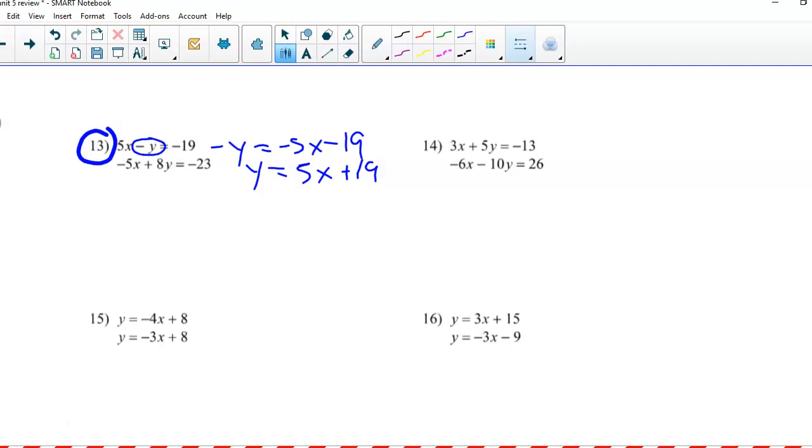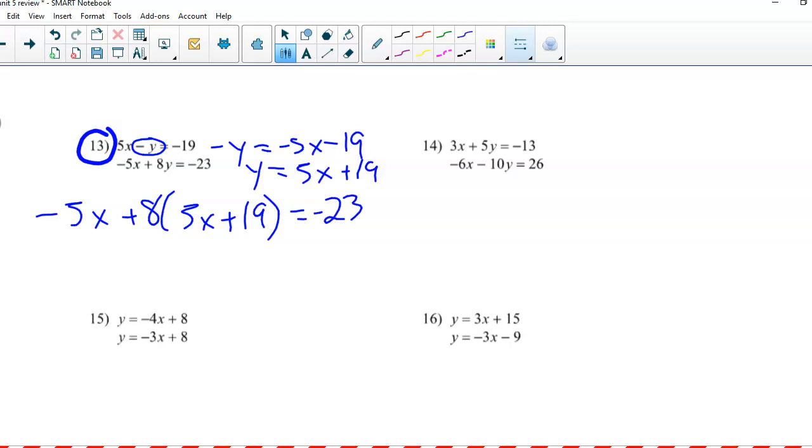Okay, and then we would do what with that? Put it into the other equation. So -5x plus 8 times 5x plus 19 equals -23. And then what?